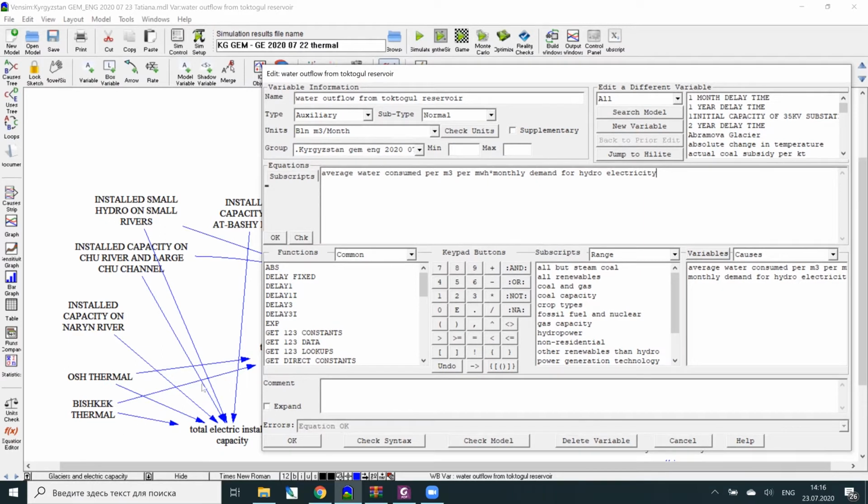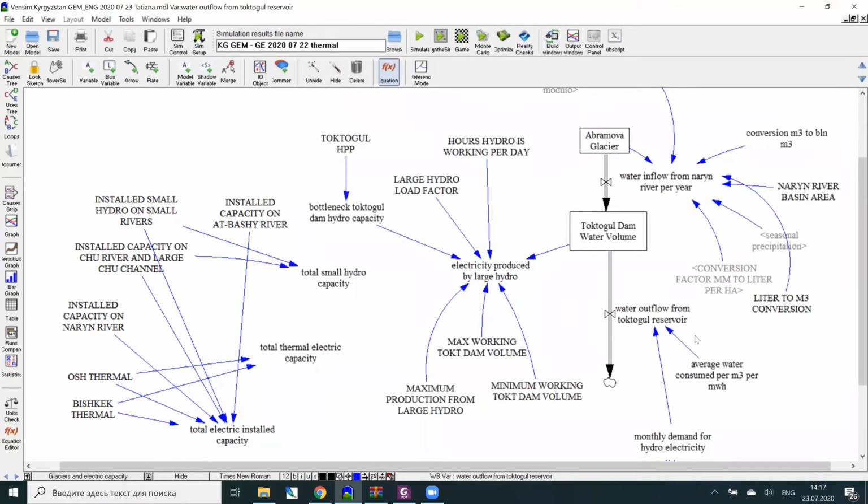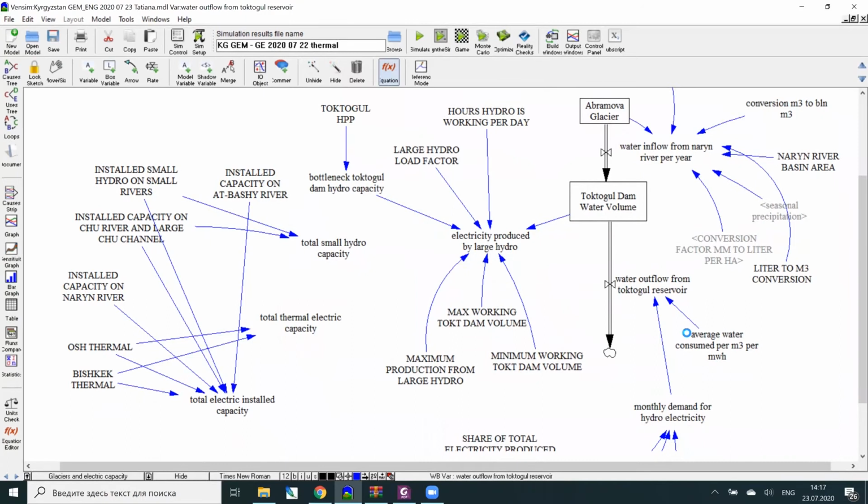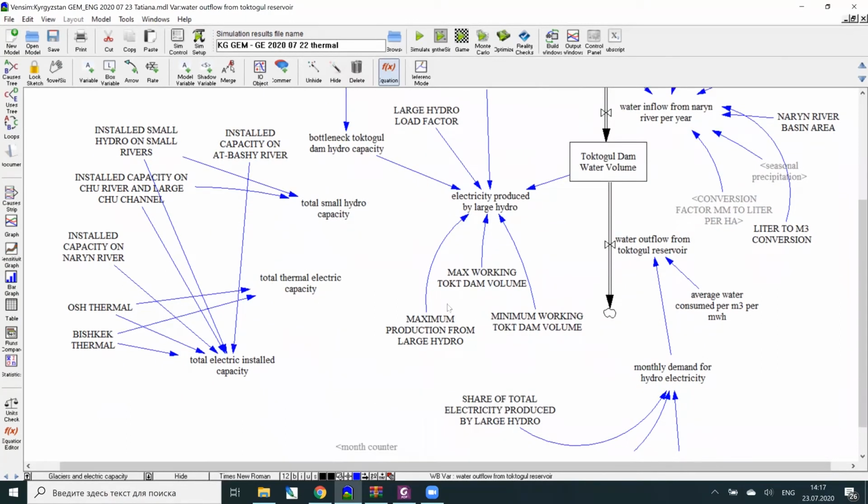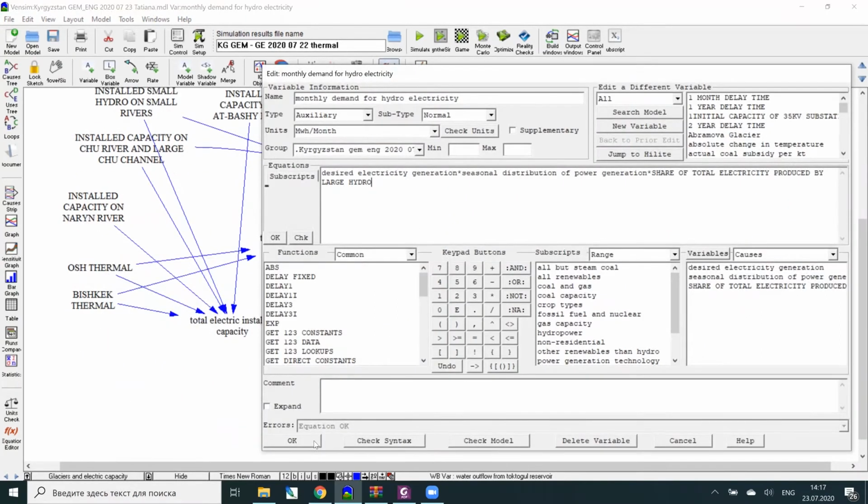So are you sure you have to use multiplication here? Rather than monthly demand in megawatt, or do we have minus monthly demand? So if you have monthly demand for electricity, then you have to multiply it by 400 millions, or you have to divide it by 400 millions.